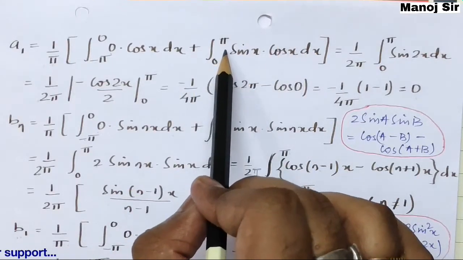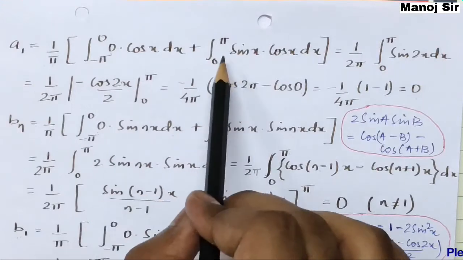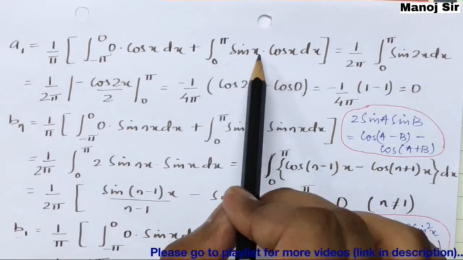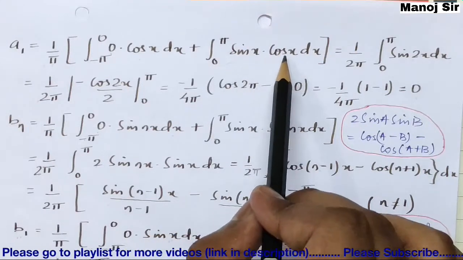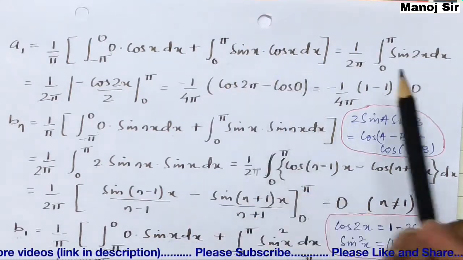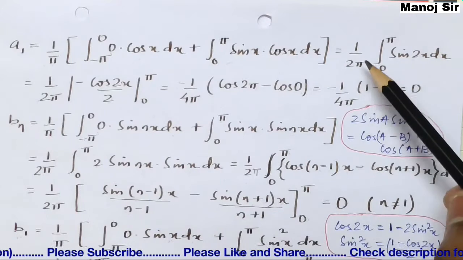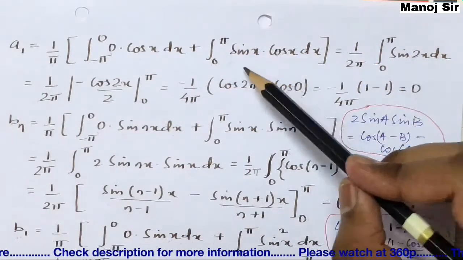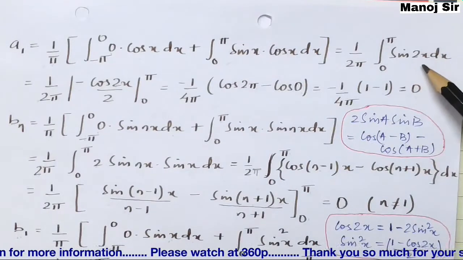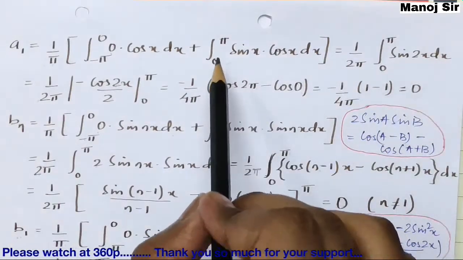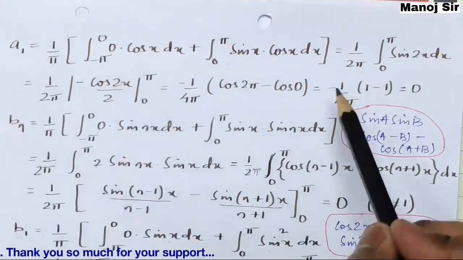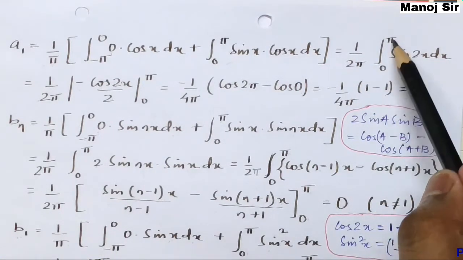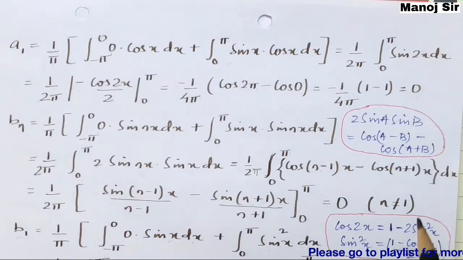Now here we will multiply by 2 and divide by 2, so that this will become 2 into sin x cos x, and 2 sin x cos x is sin 2x. So this is going to be 1 upon 2 pi integration 0 to pi sin 2x dx. Remember we have multiplied by 2 and divided by 2.